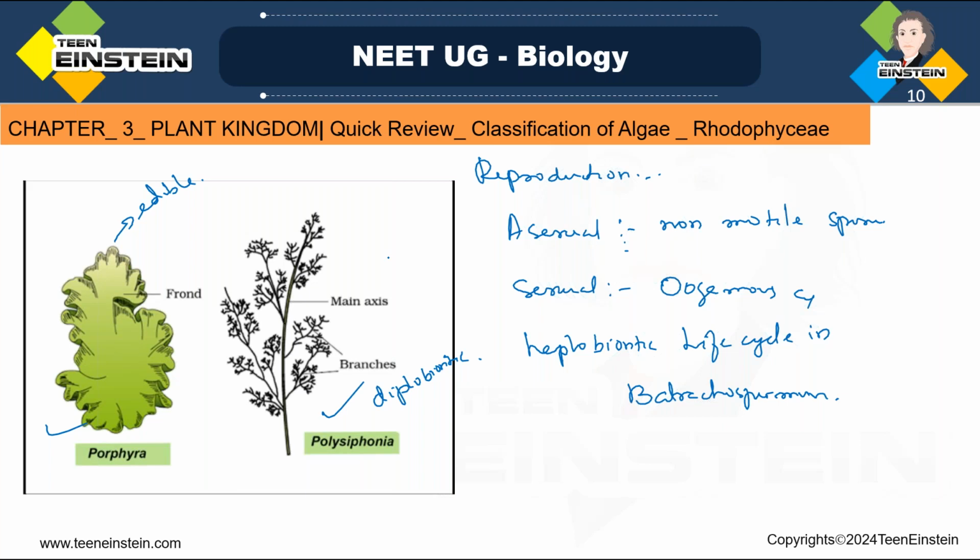Here you need to do one thing while learning about the classes of algae and their main characters: make a table. First, the classes of algae: chlorophyceae, phaeophyceae, rhodophyceae. Then the common names: green algae, brown algae, red algae.